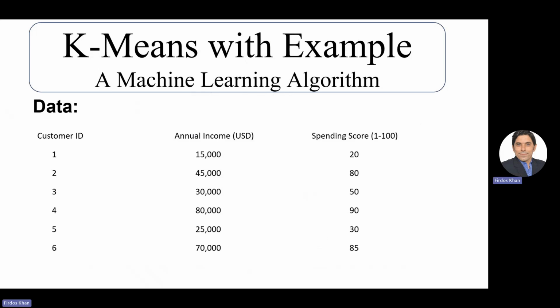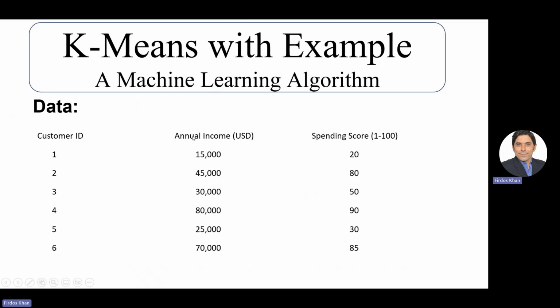Let's take some data: customer ID 1, 2, 3, 4, 5, 6, and then annual income in United States dollars, from $15,000 up to $70,000 for customer 6, and the maximum is $80,000. Spending score is from 1 to 100, which shows how much they can spend.